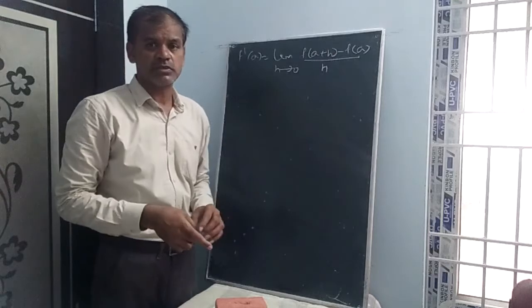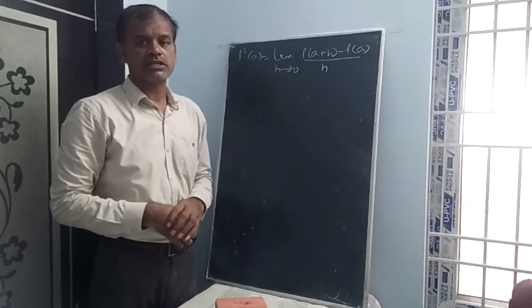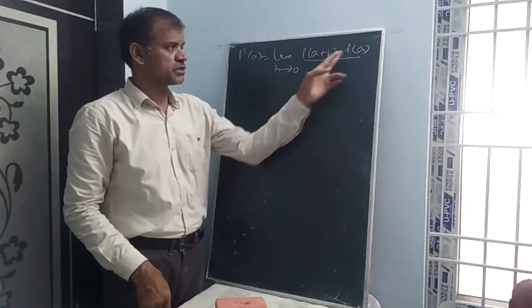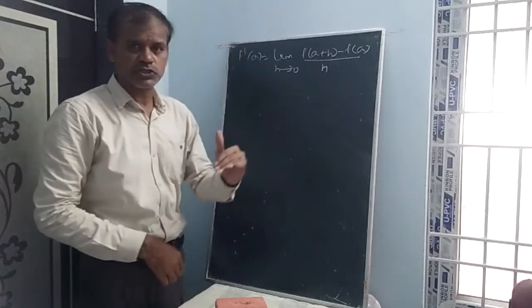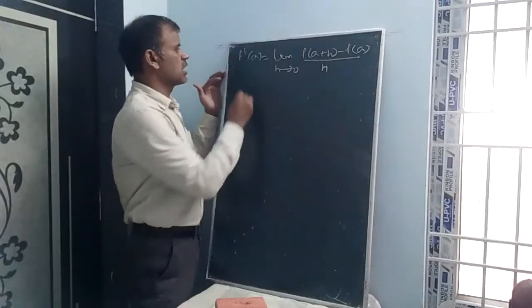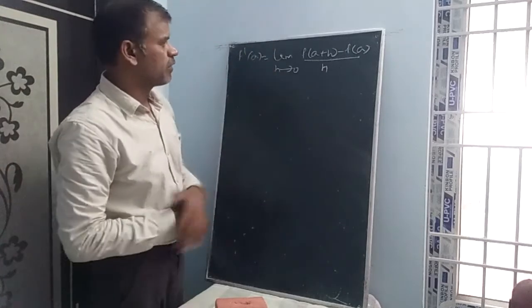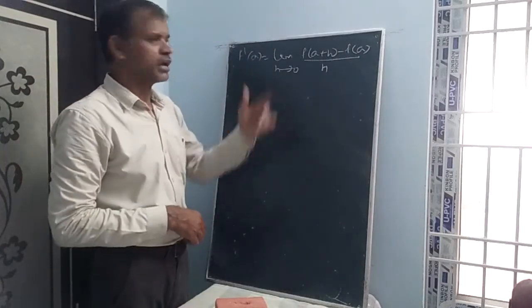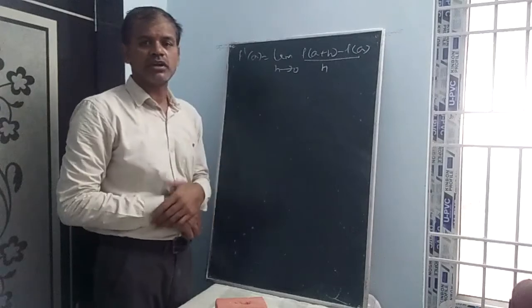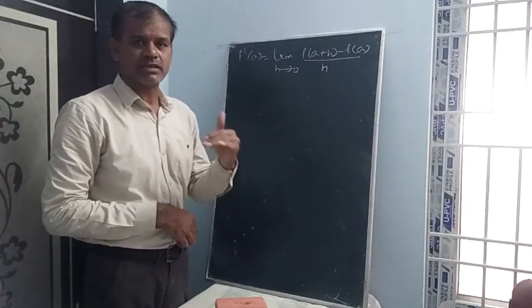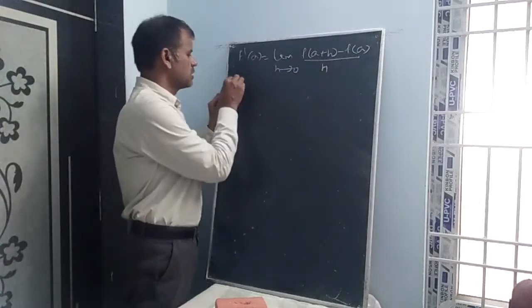Using this, f'(x) = limit as h tends to 0 of [f(x + h) - f(x)] / h. So this is called the derivative at a. So f(x) is derivable at a; this means we can write limit of [f(x) - f(a)] / (x - a).